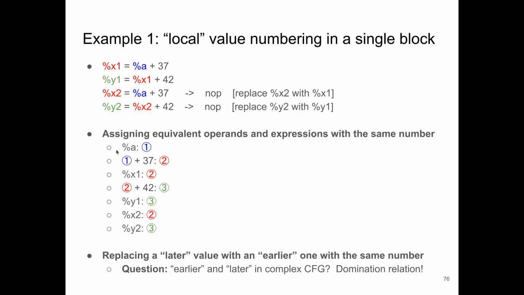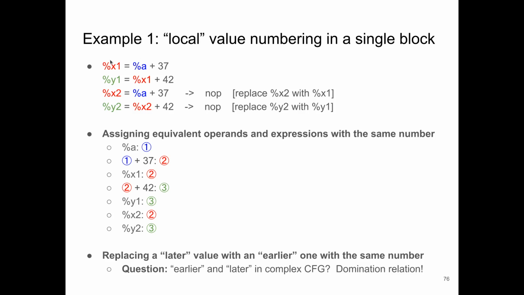And here at the beginning, we are going to assign the variable a, which is assumed to be an argument, the number 1, because it is the first variable to consider in the optimization. So it is number 1. So far so good.